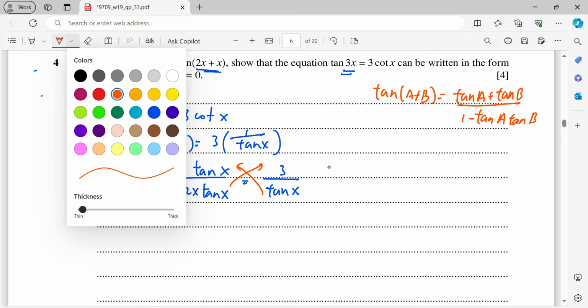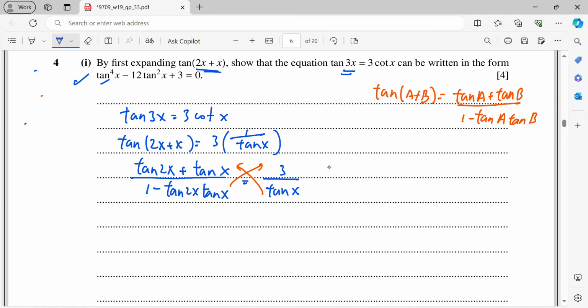Okay, then here I will be getting tangent x times tangent 2x plus tangent square x. So for the other side, it will be 3. 3 times 1 is 3, then minus 3 tangent 2x tangent x.